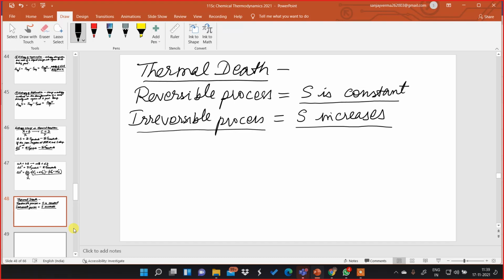So this is called thermal death. This is one thing you have to remember on the basis of irreversible processes. As the entropy is increasing, what is happening?